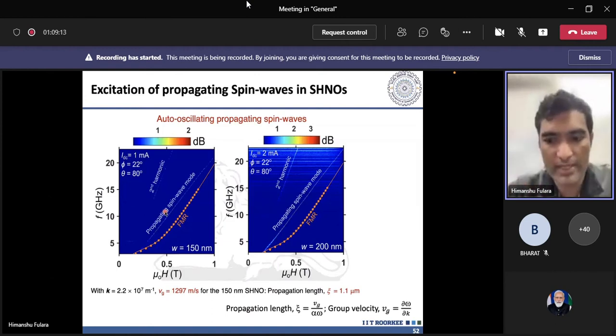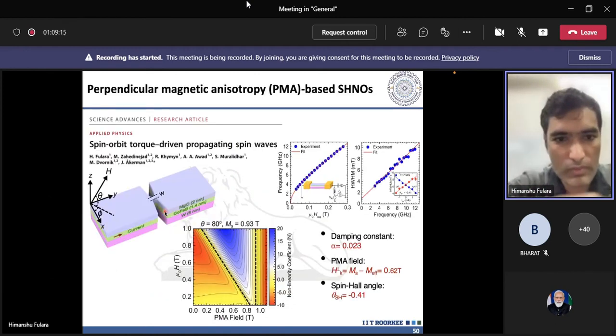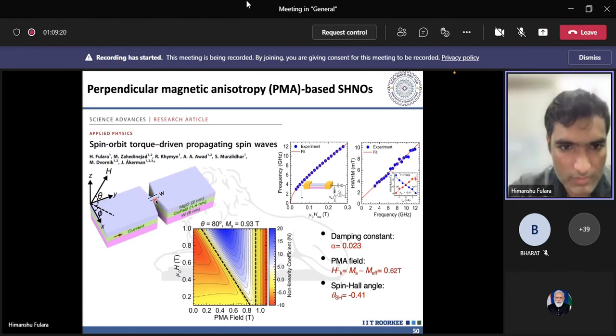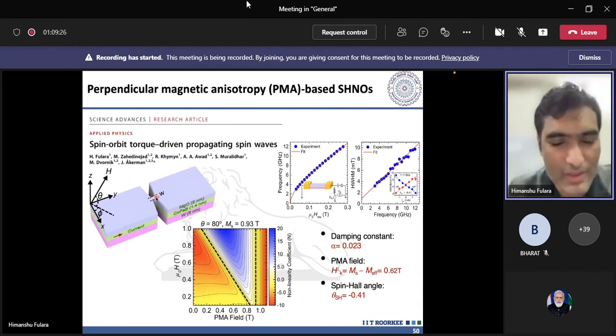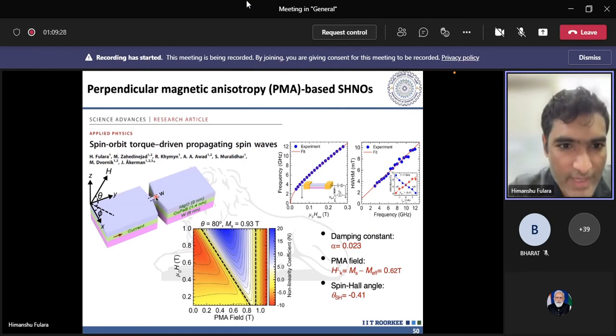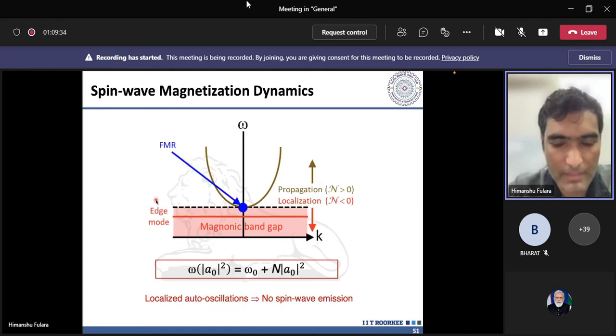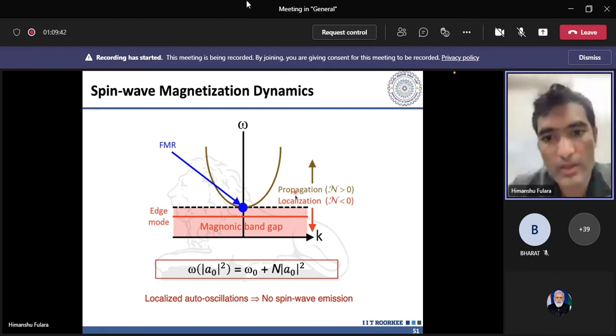This is quite similar here: exciting this nanoconstriction is equivalent to throwing pebbles on a pond, and then these ripples travel outside this constriction region. I will show you how this happens. Why I'm showing this picture is because it determines the nature of your auto oscillations, whether they are propagating or localized.